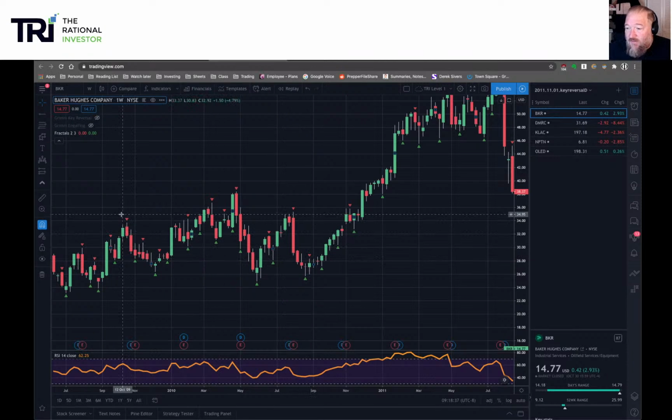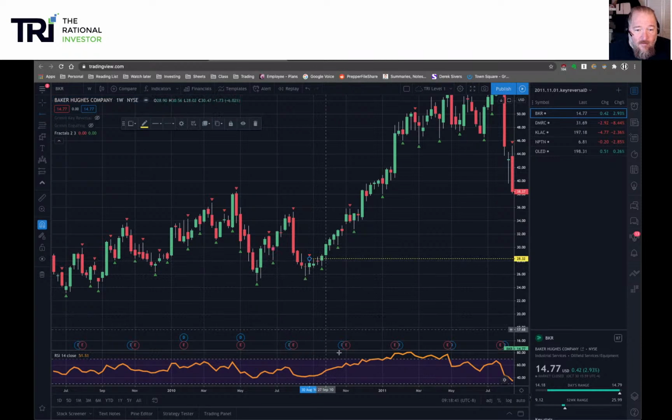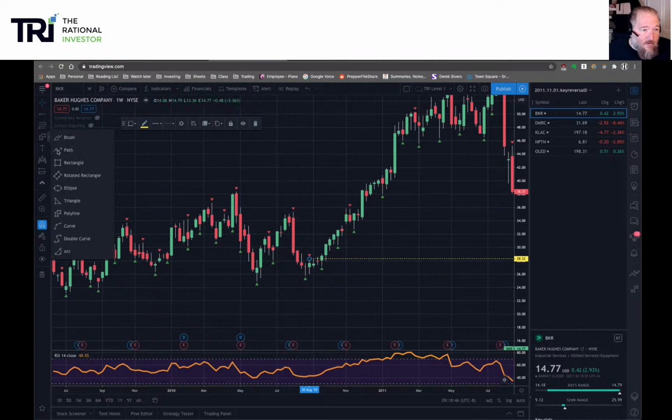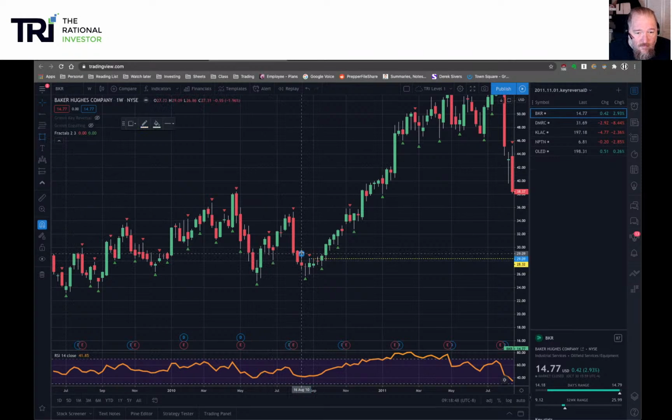The high, not the candle body close. Okay, so any move above that level is what fires this fractal.